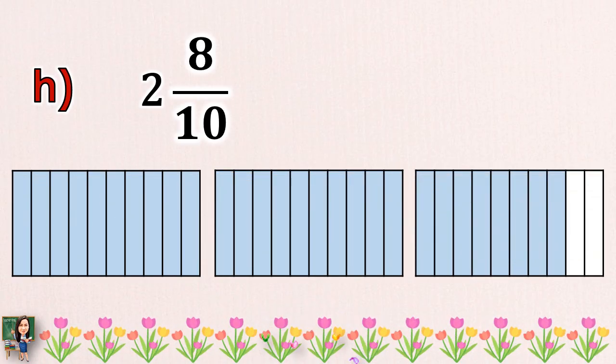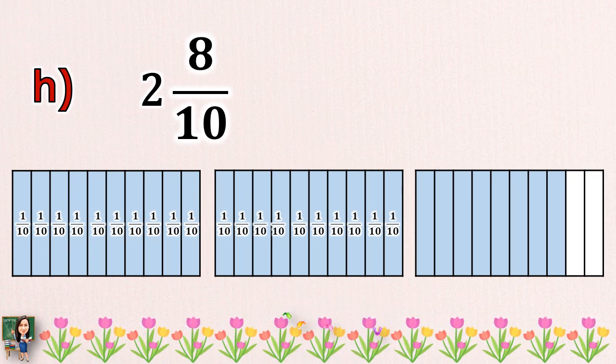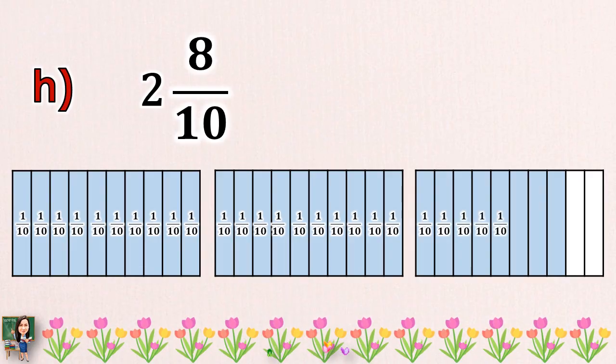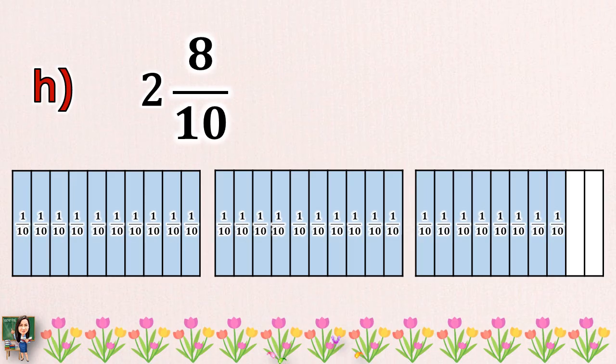And the third rectangle shows 8/10. The 8 shaded parts is the numerator. 1, 2, 3, 4, 5, 6, 7, 8. 8/10. 2 whole, 2 rectangles, and 8 tenths, which is the third rectangle.